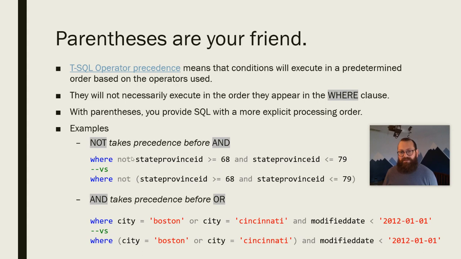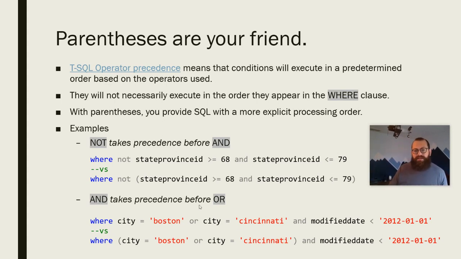So this logic essentially becomes a moot or redundant portion. That's different from the second clause, which tells SQL to supply everything outside the range of 68 to 79. So it's going to select records between 68 and 79, and then exclude those from the final processing. Those two things are different.